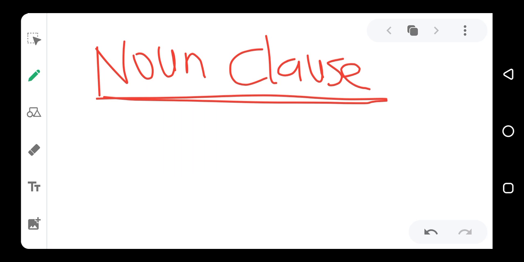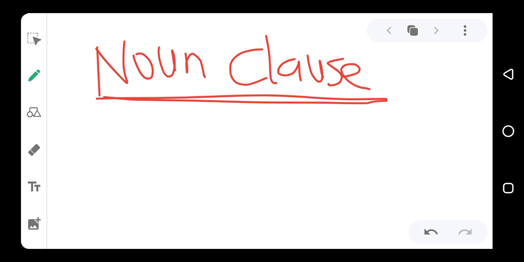I said in the previous class that we have two types of clauses. We have a dependent clause and we have independent clause. The dependent clause is also called a subordinate clause, while the independent clause is called the main clause.